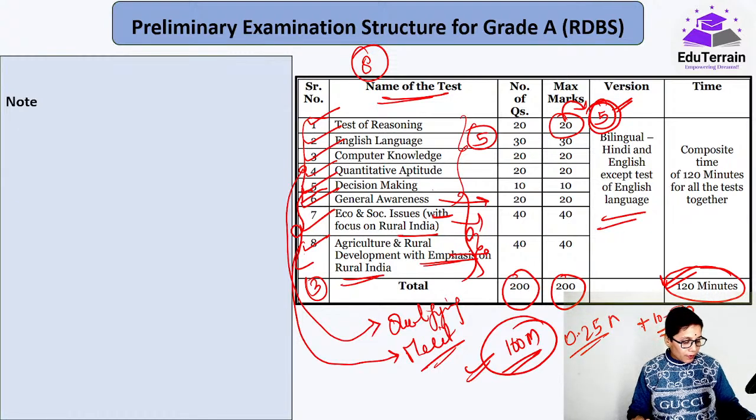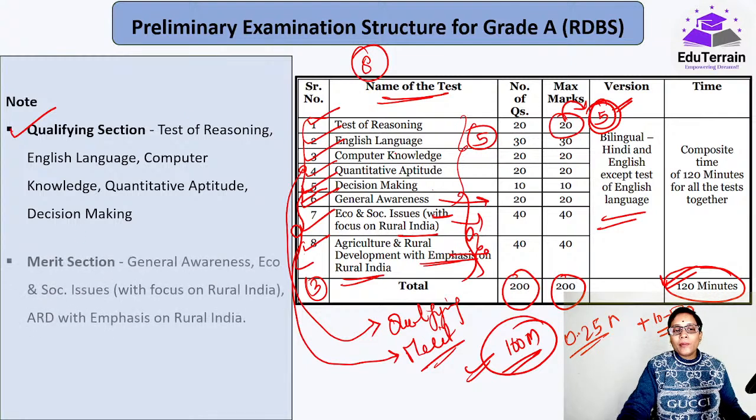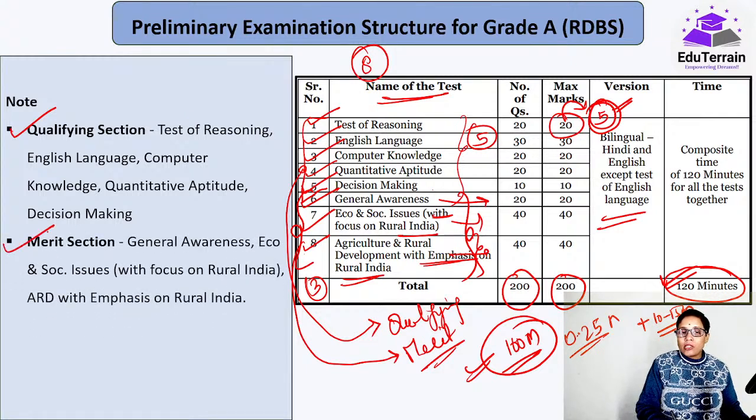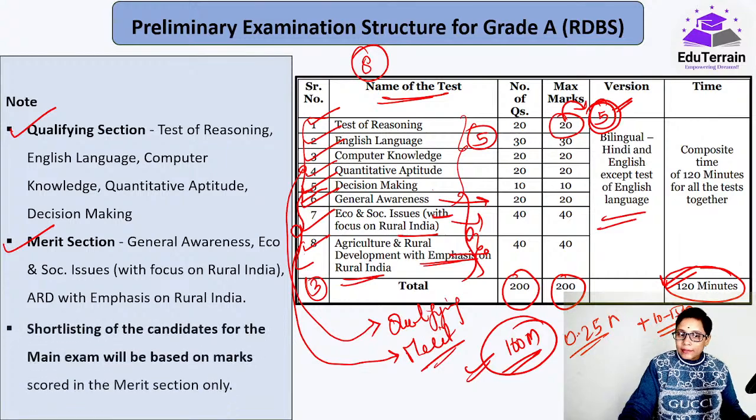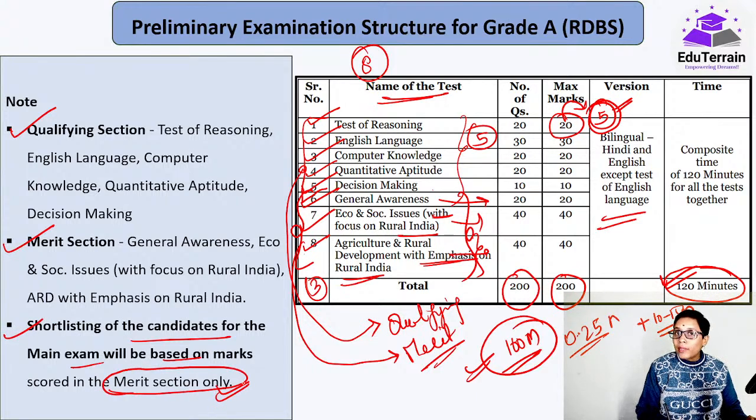Okay, yes, wherever you feel like you're having doubts, please let me know. And note, important note, as I said, qualifying sections. These 5 merit sections, GA, ES and ARD. And shortlisting of the candidates for the main examination will be based on the marks that are scored in the merit section only.